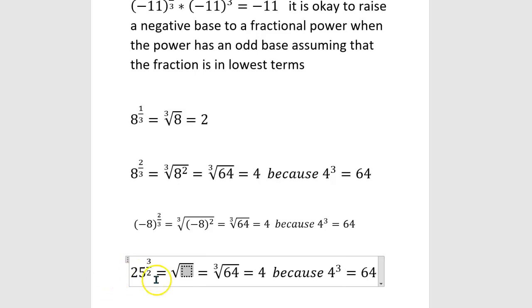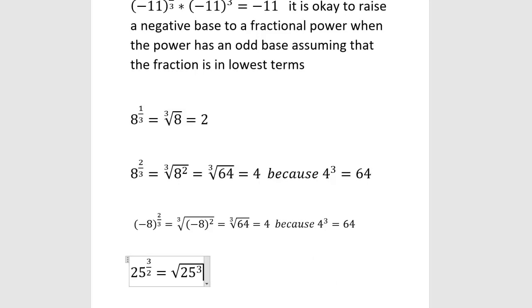So the bottom 2 is understood to be here. Now we put 25 cubed in here. We could go ahead and do 25 cubed, but that's kind of nasty. Let's see if we can get this cleaned up a little better. So it's the square root of 25 cubed. Now, put 25 in parentheses, make it 5 squared, and you'll need another layer of parentheses. And then for the cube, well, shucks.